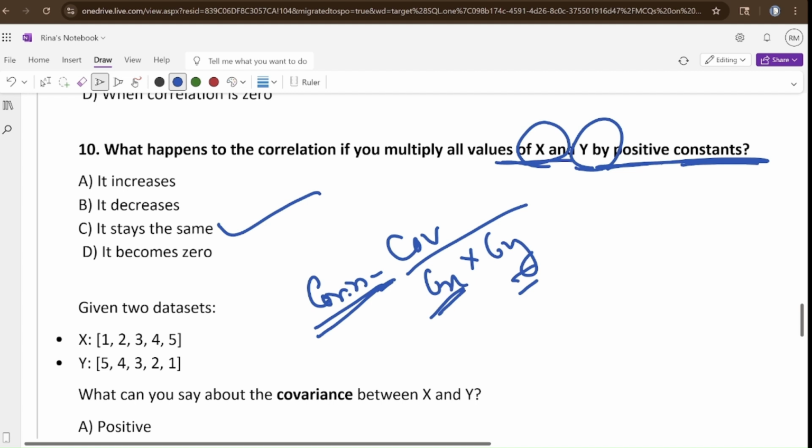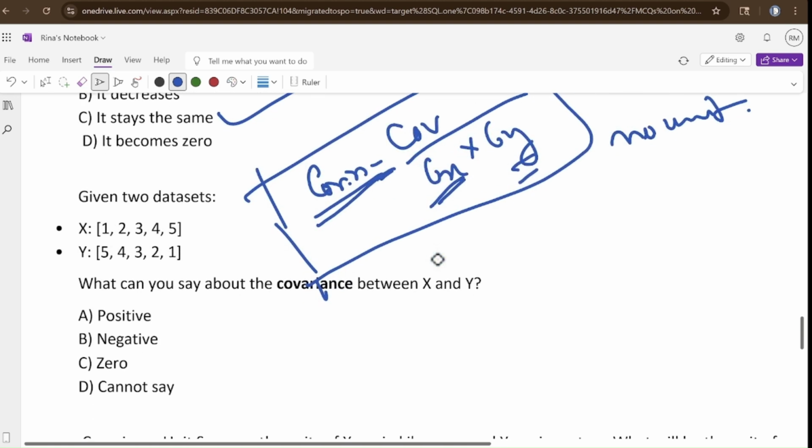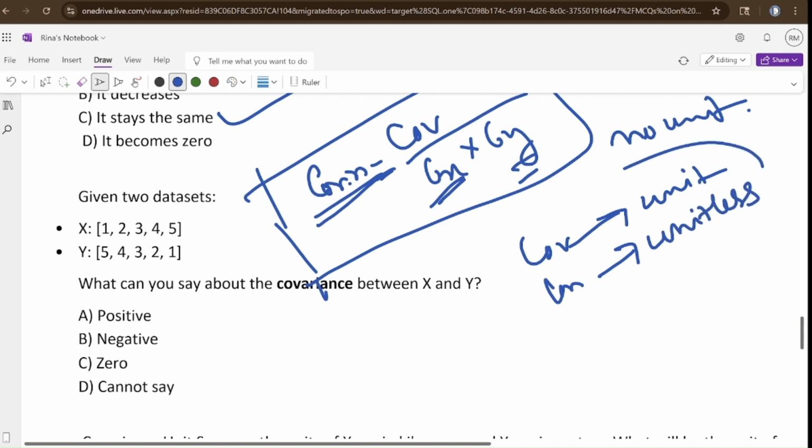Correlation is unitless. That is the main difference between covariance and correlation. Covariance has units, correlation doesn't have units. That is also one advantage of correlation.